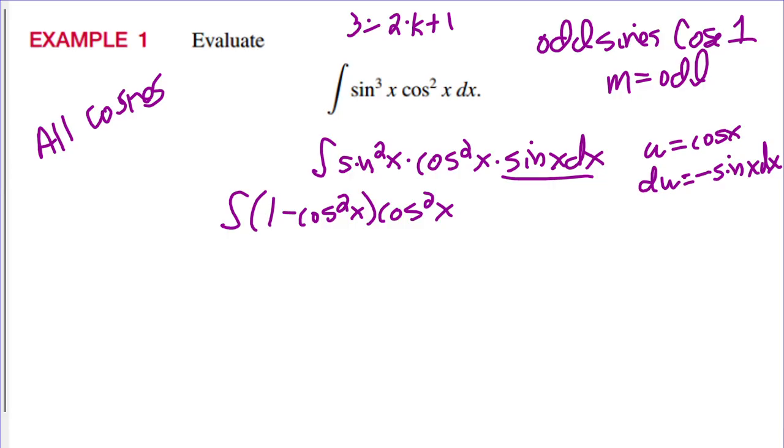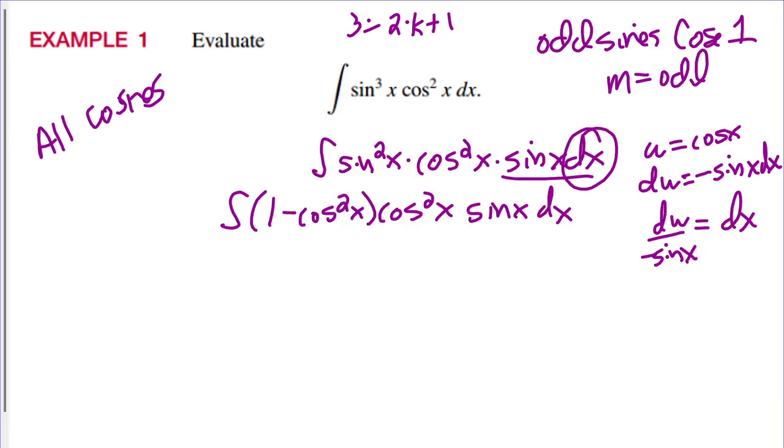But we want to get rid of the dx at the end of our integral. So dx is going to equal du over negative sine of x. I'm going to leave this as a sine of x dx, but notice what we're going to do: we substitute in dx for du over negative sine of x, and that will get our sines to cancel.